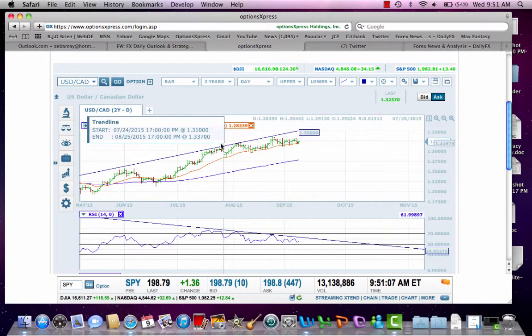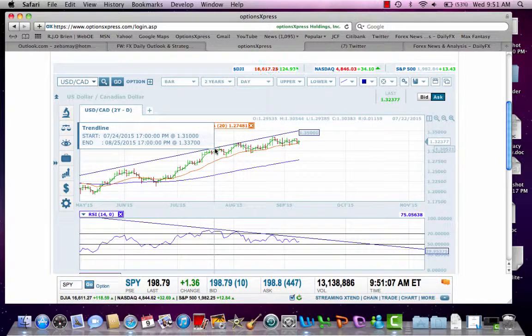And on top, you see the price action, and the price action in dollar Canada is obviously going higher. For those who have followed the currency markets, we've known that the U.S. dollar has done very well against all currencies, but specifically against the Canadian dollar.